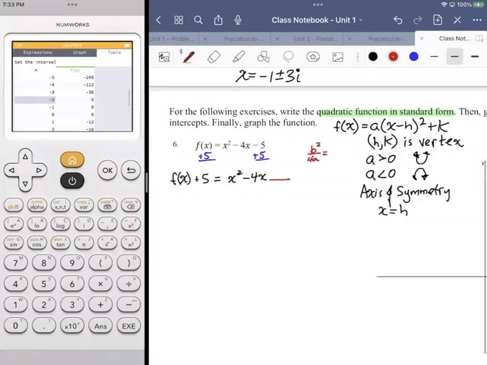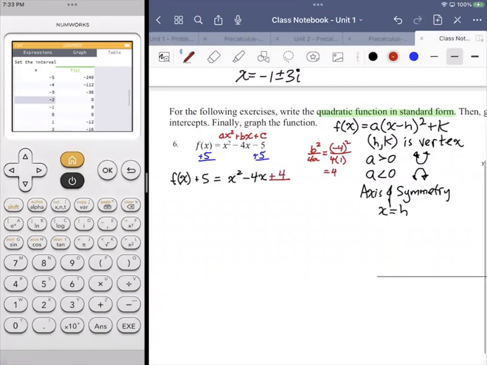Again, this is ax squared plus bx plus c. So this is going to be negative 4 squared over 4 times an understood 1, which means we got 16 over 4, so I'm plugging the 4 into the gap. That's a positive 4, so it's a plus 4.